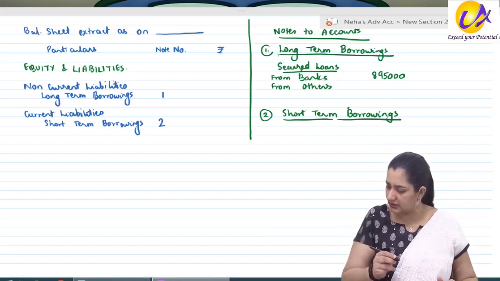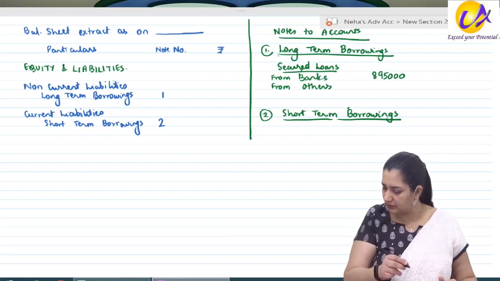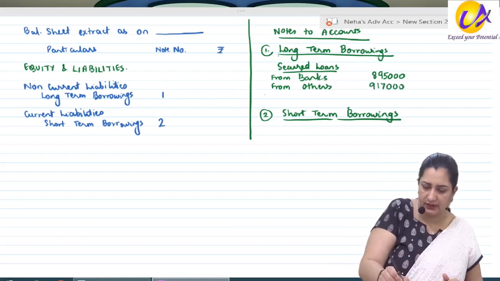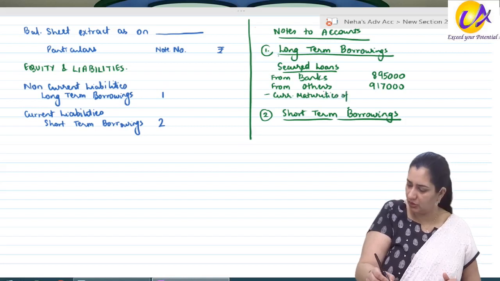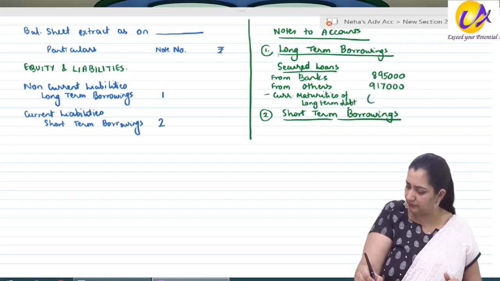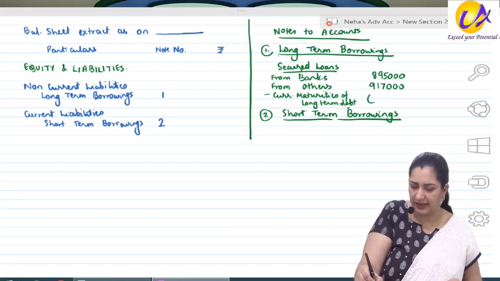So from others it is 917, less current maturities of long-term debt. Current maturity is given to you, 2,09,000.